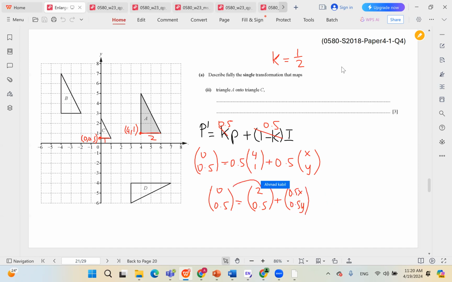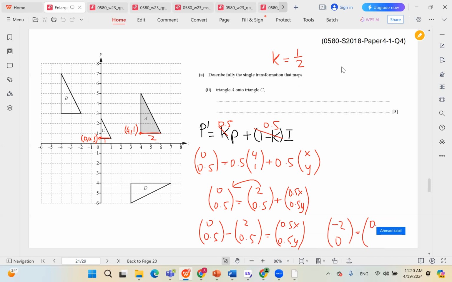I'm just going to take this vector to the other hand side and subtract. So this will be 0, 0.5 minus 2, 0.5 equals 0.5x, 0.5y. So we have -2 and 0 equals half x, half y. You can multiply both sides by 2, or you can just equate and form two equations. It's up to you.